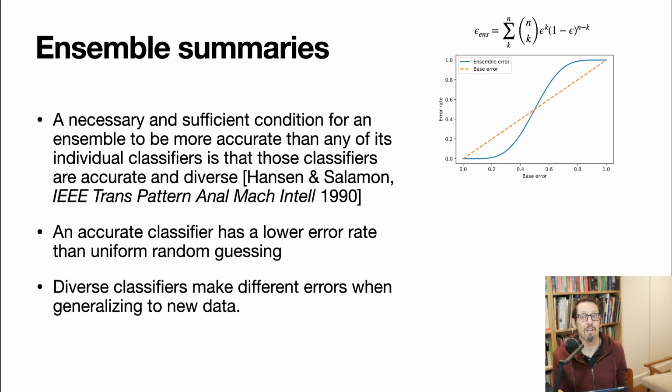An accurate classifier is simply one that has a lower error rate than guessing randomly. That just means it has a gamma greater than 0, to use the AdaBoost notation, right?